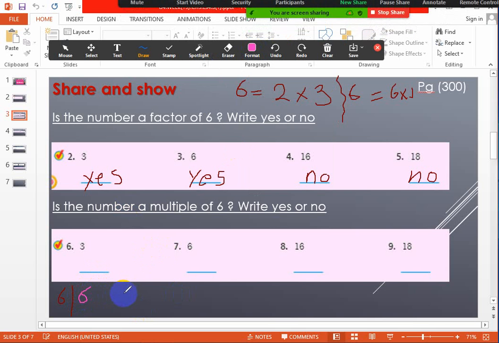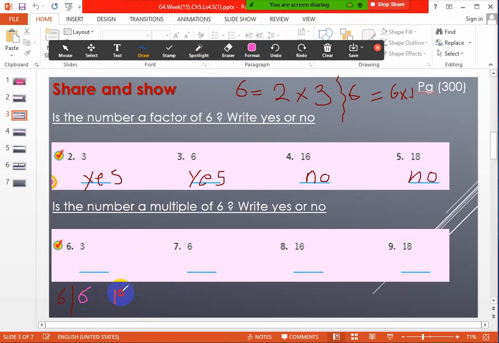6 multiply 2 equals 12. 6 multiply 3 equals 18. Now, 6 multiply 4 equals, very good Sama, very good Bisan, it's 24. 6 multiply 5, very good Lana, it's 30.